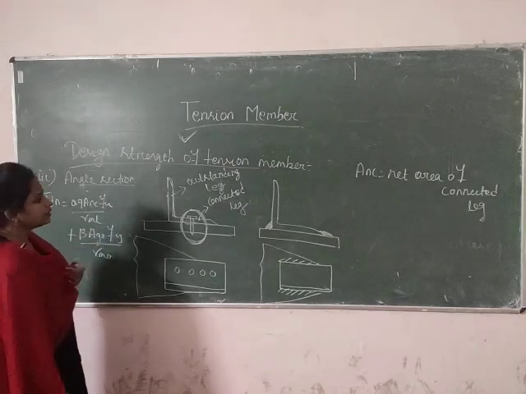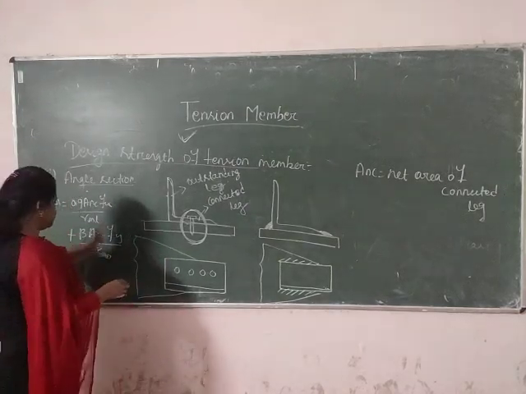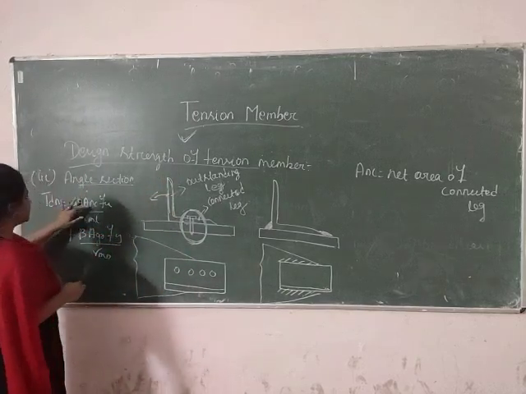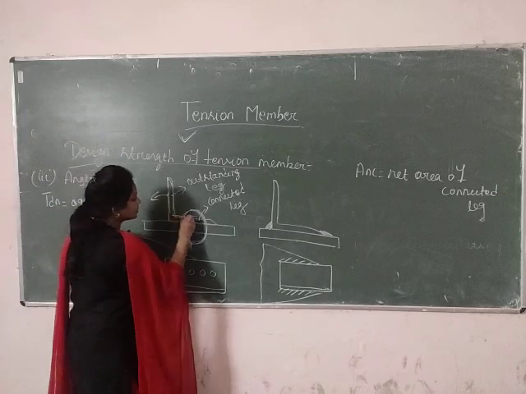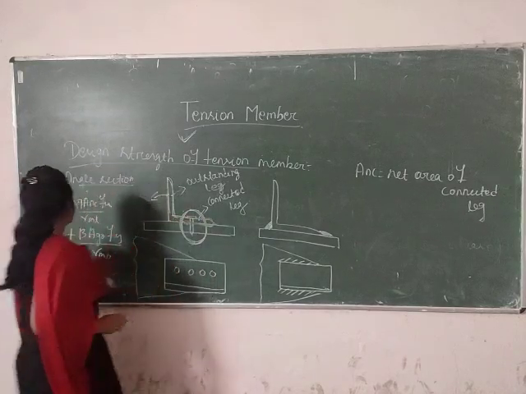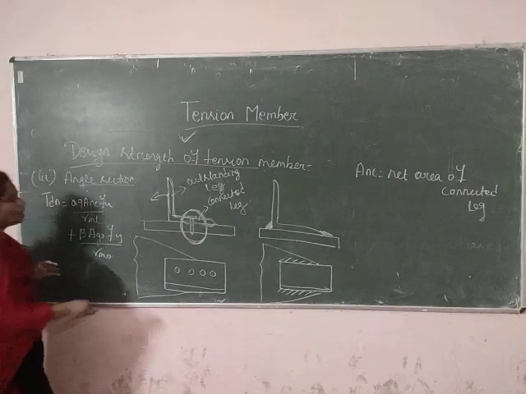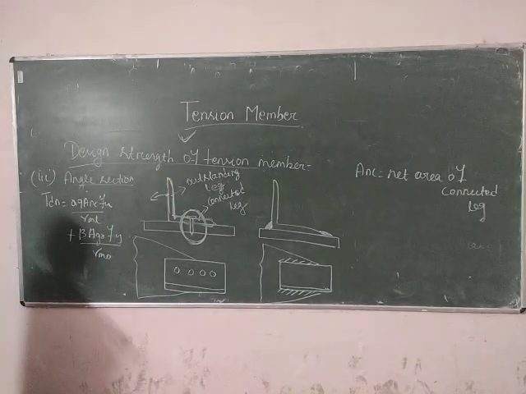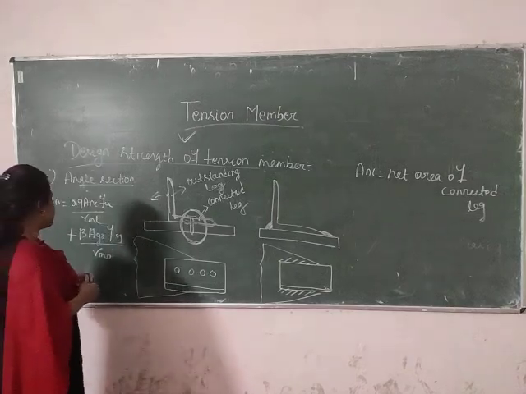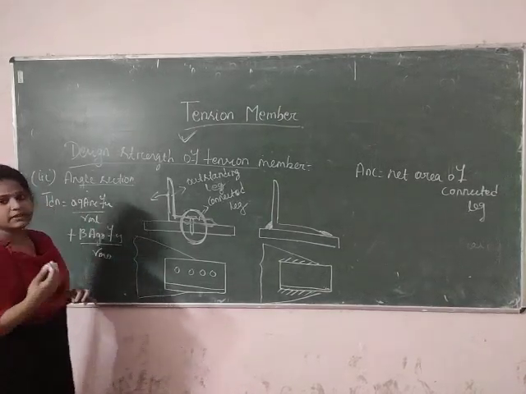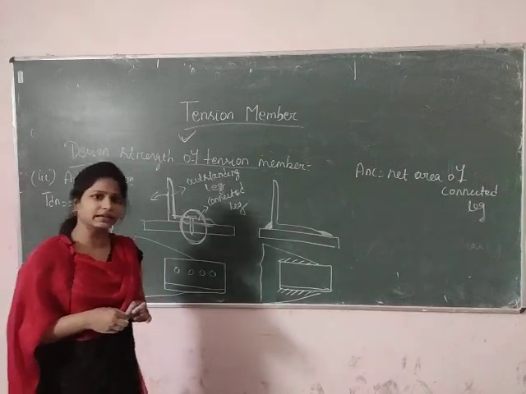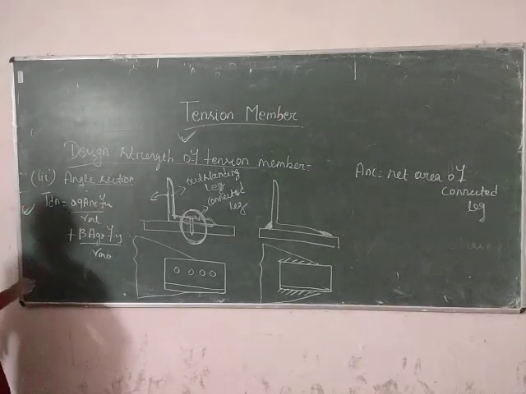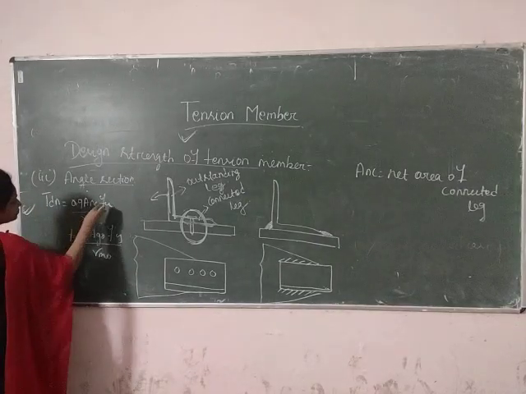Then Ago is the gross area of this outstanding leg. Okay, so here Anc is the net area of this connected leg, and Ago is the gross area of this outstanding leg, and Fy is the yield stress of the metal, that is 250 megapascal, and gamma m0 is the partial factor of safety for failure by yielding, and that value is 1.1.